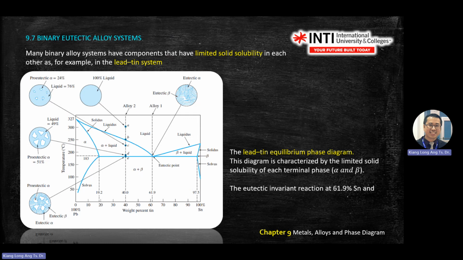So in this case, you find the point where alpha exists and beta exists. You draw a straight line, or you follow the line connecting the alpha and beta. Then somewhere along the line, you will see one type of alpha solid will form. So with the combination of alpha and beta, you will reach one point. That point is called eutectic.